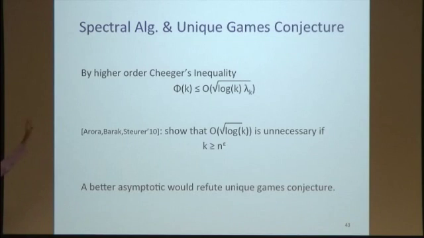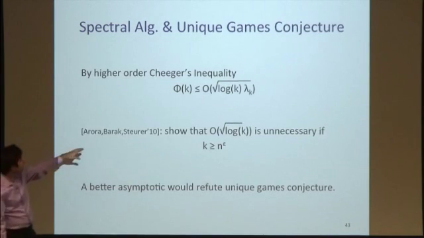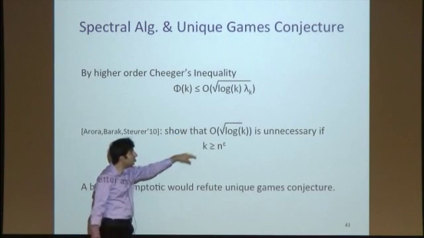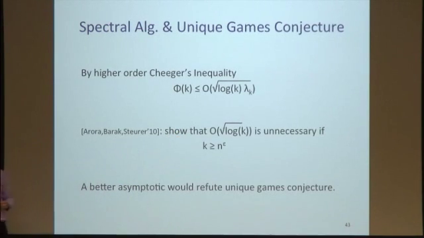So let me remind you that here I showed that by higher order Cheeger's inequality, we know phi of k is at most order of root log k lambda k. I told you that this root log k is necessary. You cannot get rid of it. It's tight. Now, Arora, Barak, and Steurer showed that this root log k is not necessary if k is very large. So although for a small k it's necessary, if k is polynomial in n, it is not necessary.